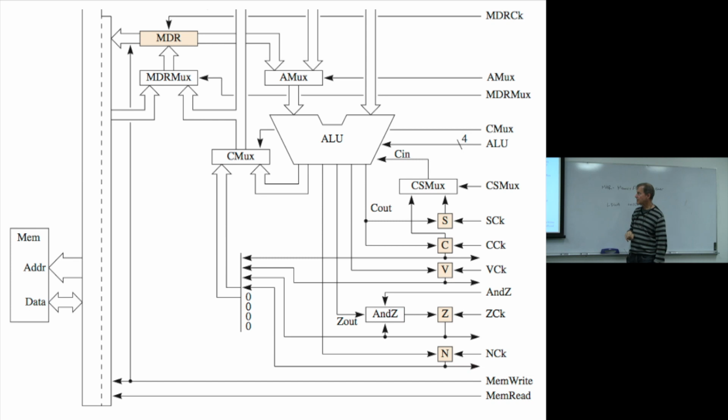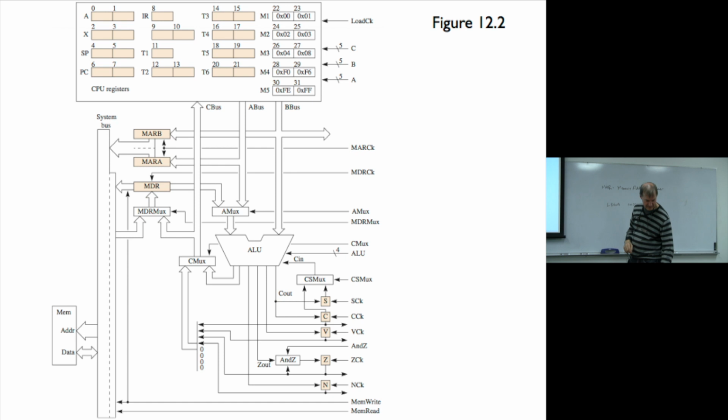Yes, the MDR is going through. And if that AMUX is 1, what is coming through the bottom of the AMUX? The A bus. Are you with me? So that's always going to be our convention: 0 left, 1 right.